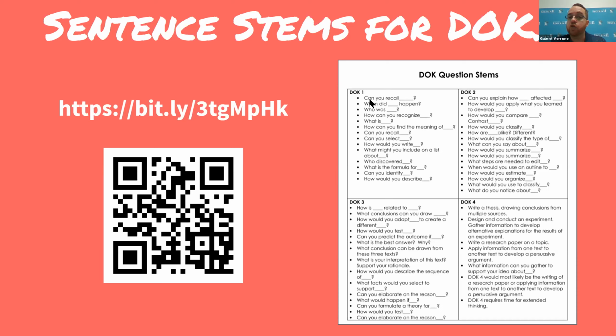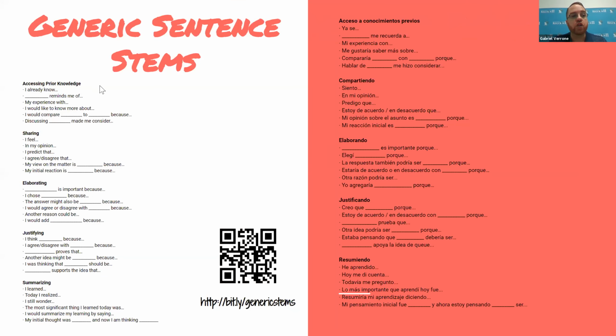If I ask a student, can you recall blank? I can have them respond with, I recall blank. And I can help them if they require assistance to turn that question into a comprehensible sentence stem for their response, right?